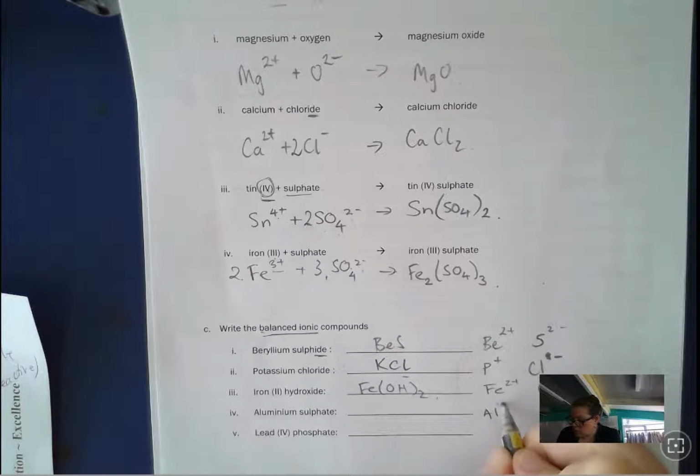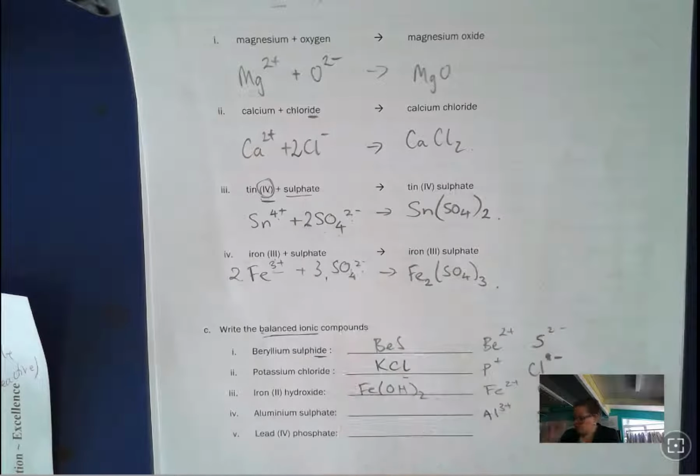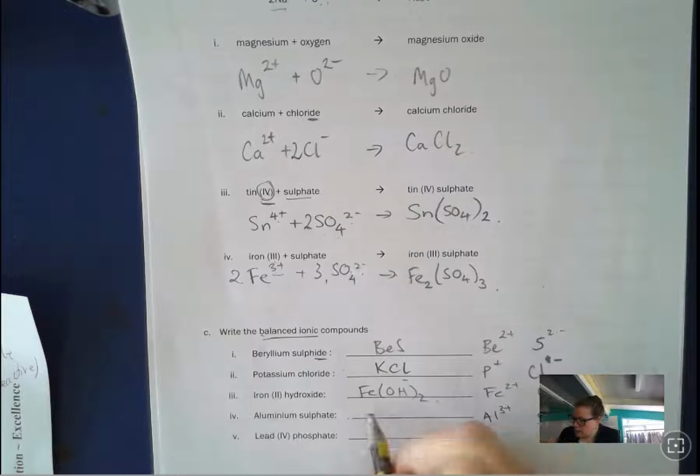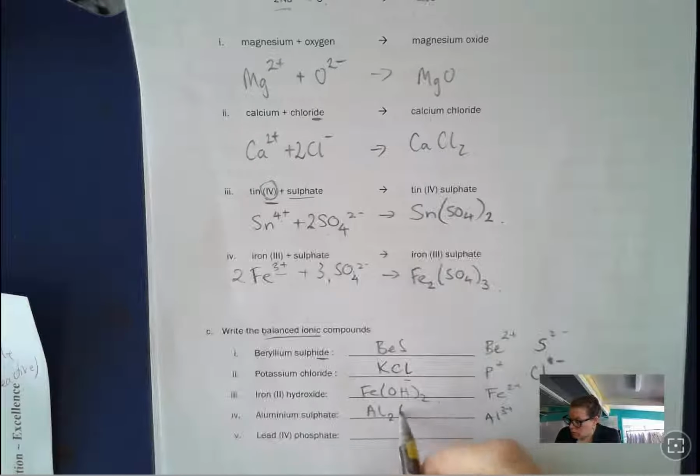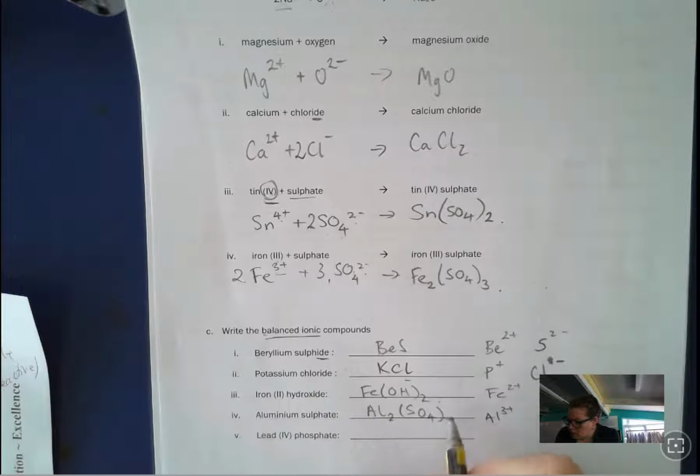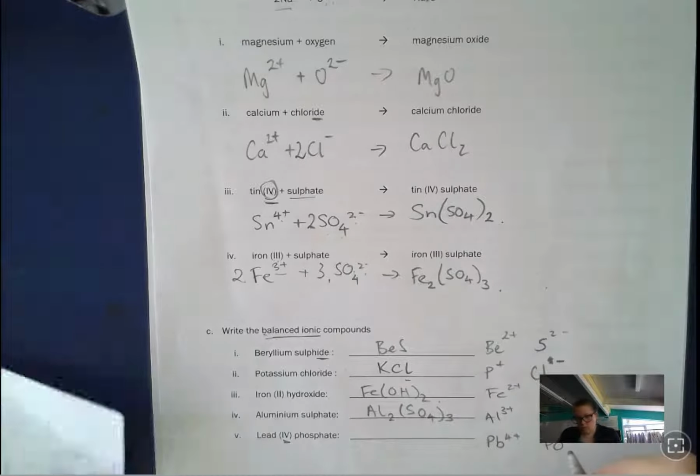Aluminium is 3 positive. It gets rid of 3 electrons. Sulfate is 2 negative. Again, we find our lowest common multiple, which is going to be 6, so it's going to be Al2 bracket SO4 3. And the last one is lead 4 and phosphate, which is 4 and 3 negative.